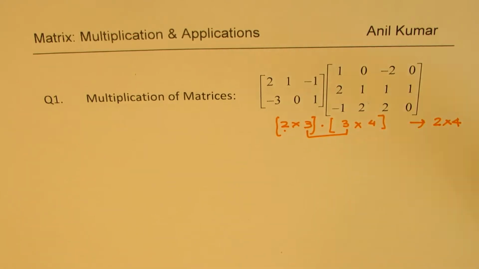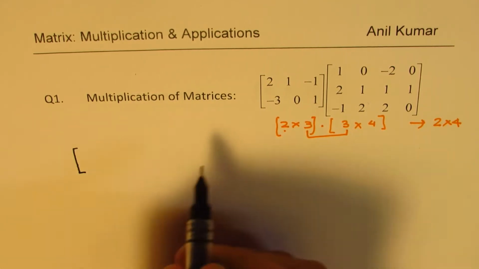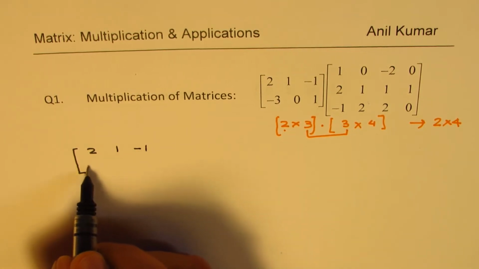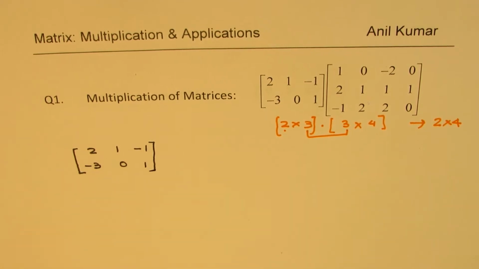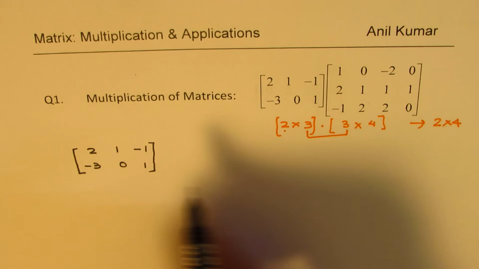So in short, let me write these matrices again, and then we are going to multiply and get the result. So let me rewrite this. So what we have here is a 2 by 3, which is 2, 1, minus 1, minus 3, 0, and 1. Okay. We are going to multiply this, nothing in between means multiplication, right?